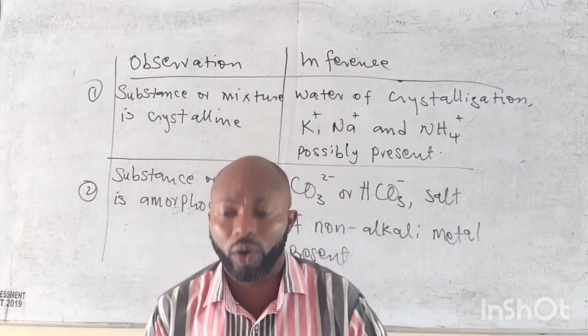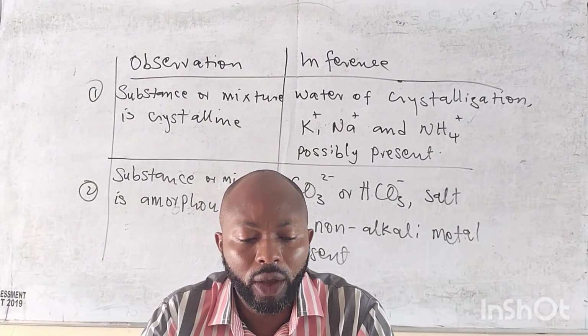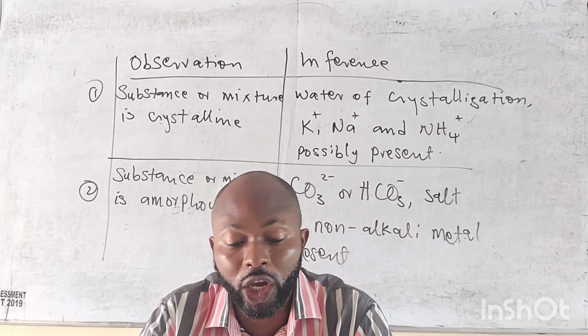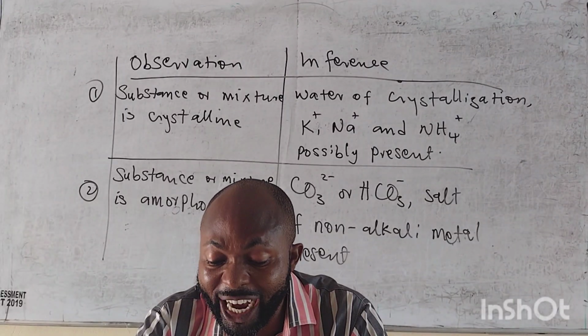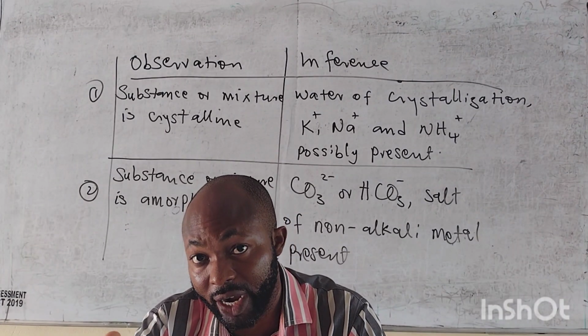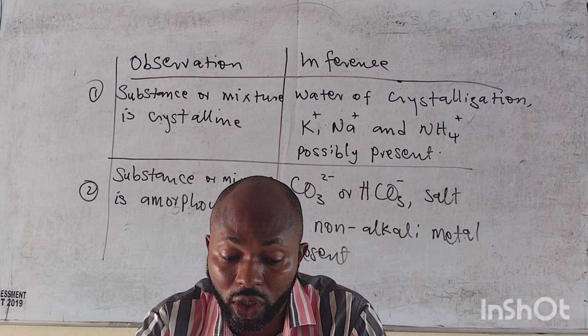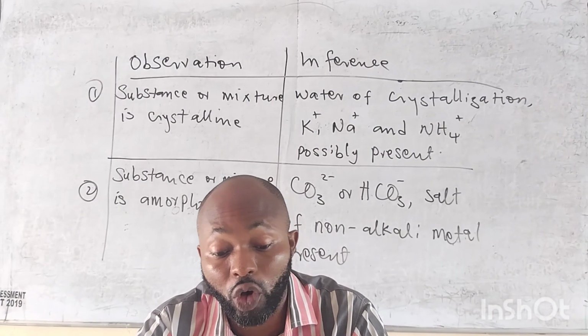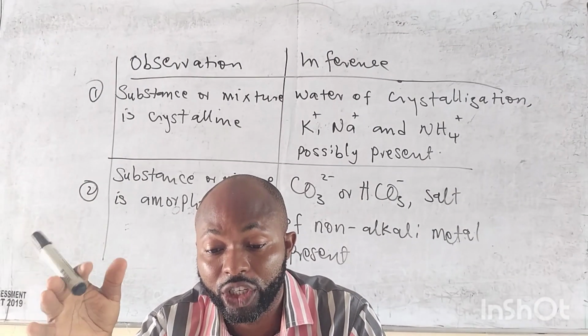So in color, let's look at the color now. We're done with texture. B, color. A close observation of a solid will give a possible hint on the cations or anions present. All right? A close observation. You're looking at the solid closely. You want to know what color it possesses. So we're going to look at color under observation and inference, just like we did with texture.